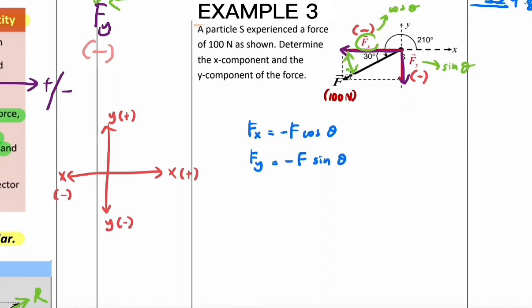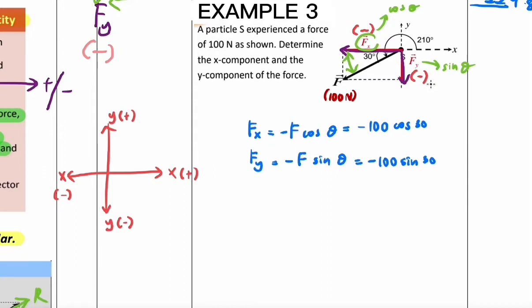Dan sekarang dia adalah vektor f, so kita akan bukakan dia kepada f and theta kita, dan kita substitute sahaja. Okay, where our negative, so kita akan salin balik negatif, and f kita is 100 cos theta kita berapa? Theta kita is 30 degrees. Yang ni akan jadi sama juga, negatif 100, tapi this one is sin 30 degree.